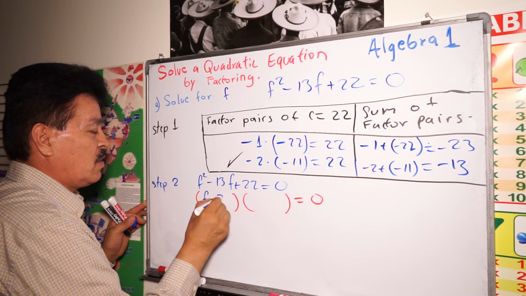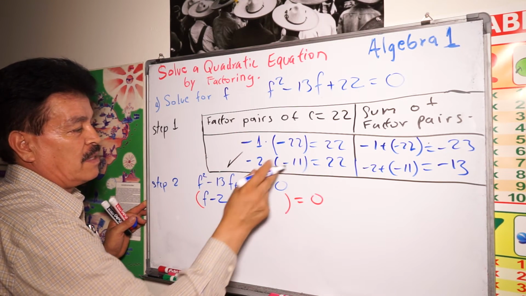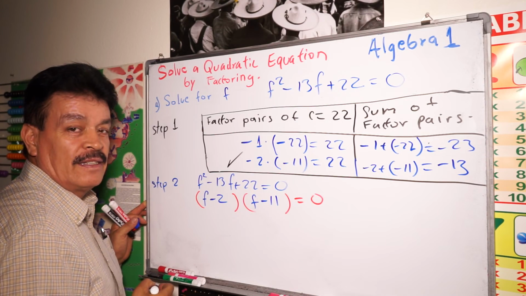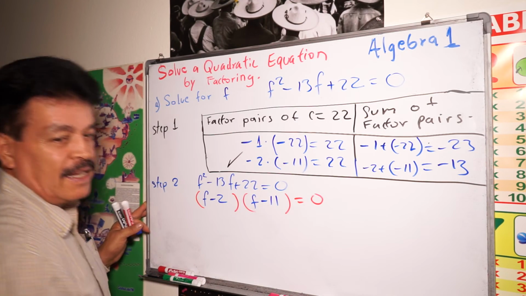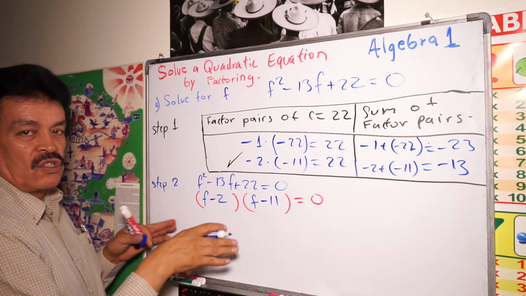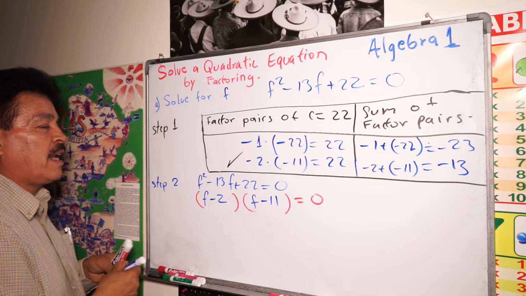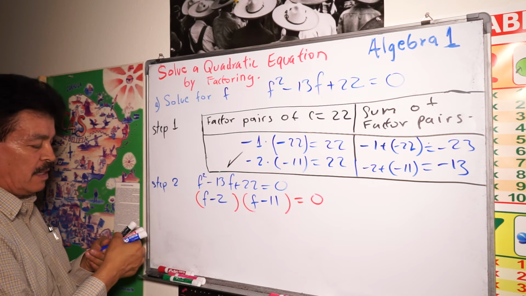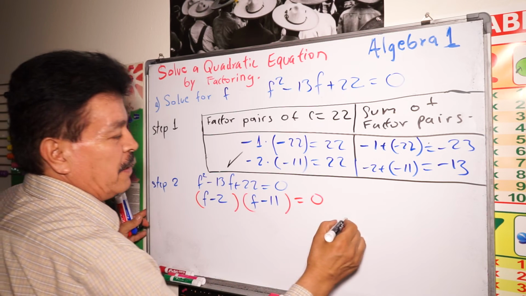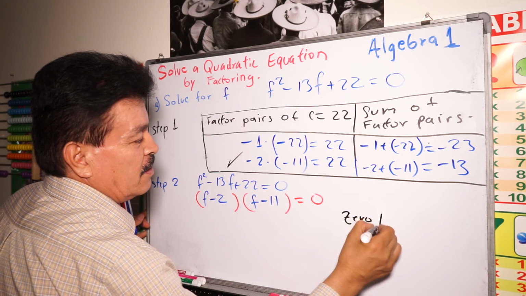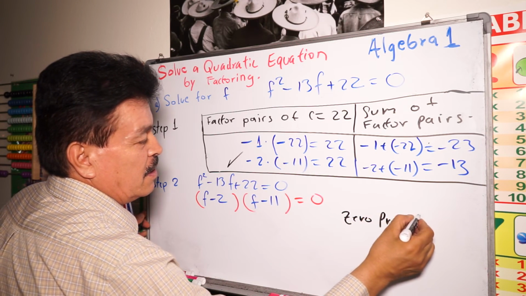Negative 2. Then f, where is the second one? Negative 11. Right? So that's it. Now the next step is to use the zero property.